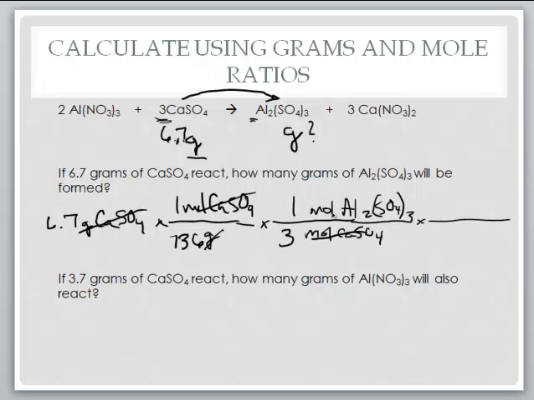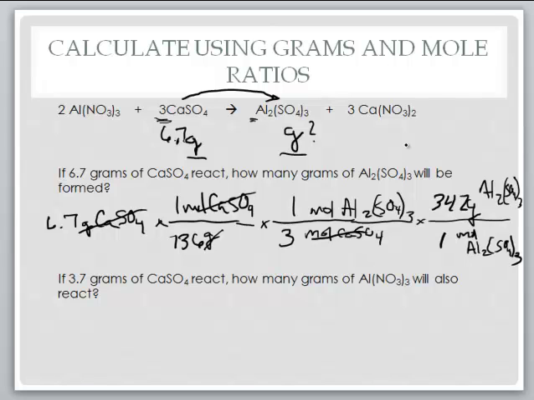And now we want to convert moles of aluminum sulfate to grams. So let's put moles aluminum sulfate in the denominator, and we want to convert to grams of aluminum sulfate. Should have left myself a little bit more room here. Let's squeeze it in there. All right, so let's add up the molar mass of aluminum sulfate. We have 2 times 27 plus 3 times 32 plus 12 times 16 is going to give us a molar mass of 342 grams per mole.